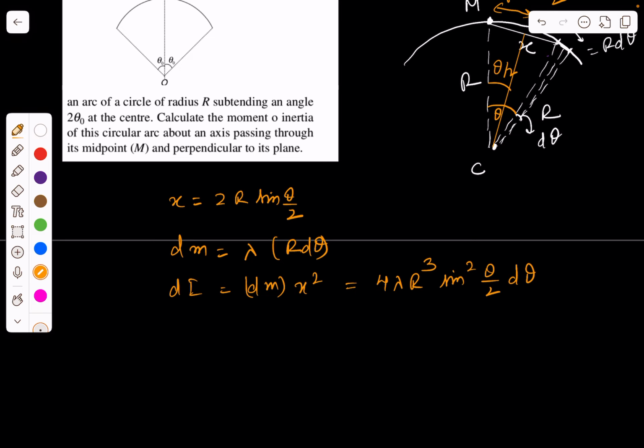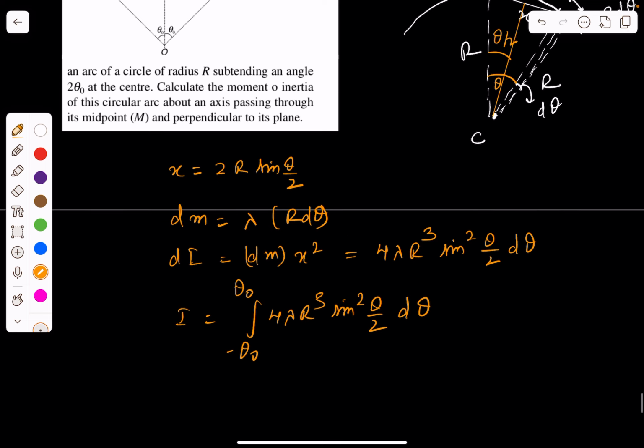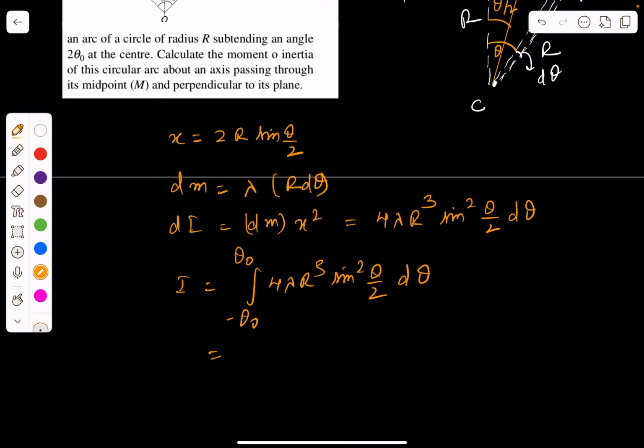We have to simply integrate this dI within proper limits, and our limits of integration will be minus theta naught to plus theta naught, 4 lambda r cube sine square theta by 2 into d theta, and then use simple half angle formula of trigonometry.